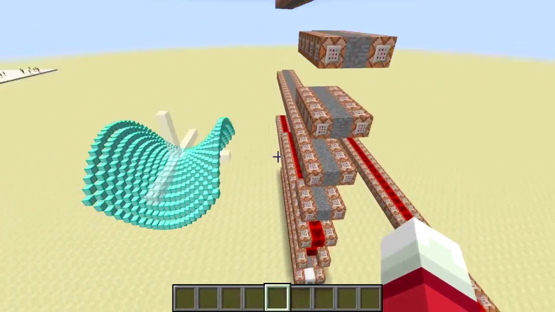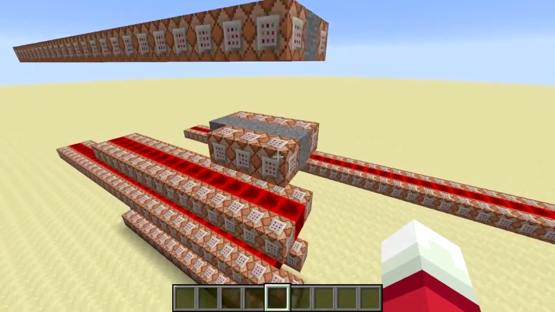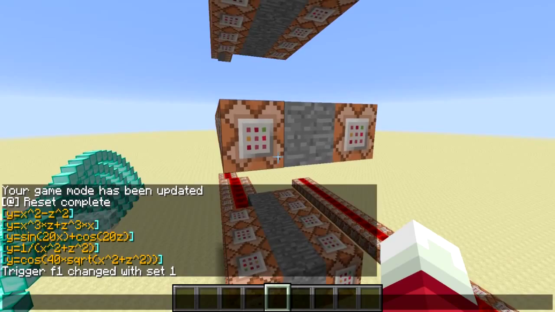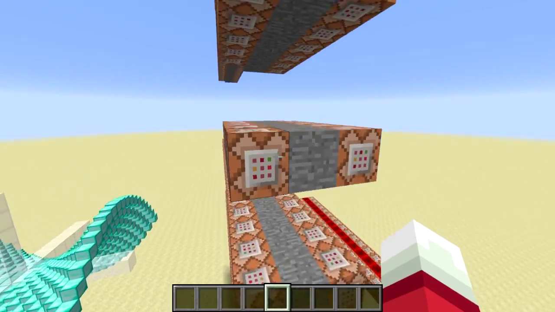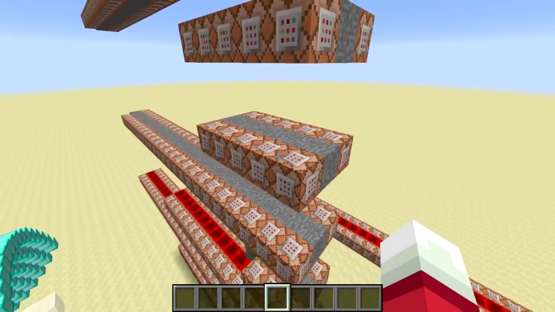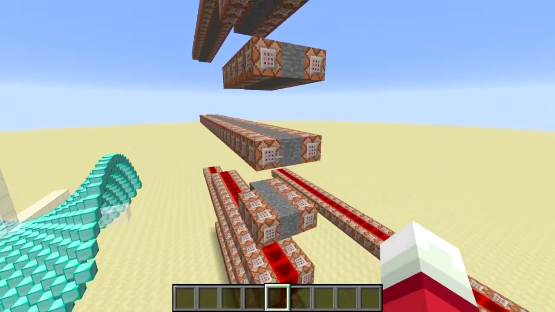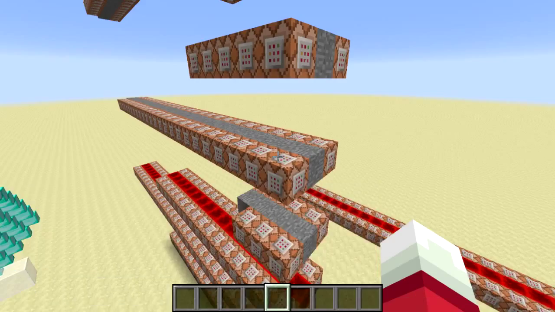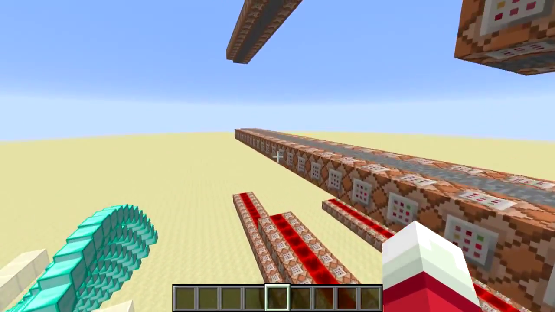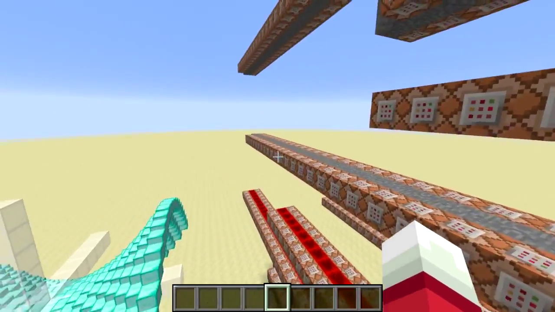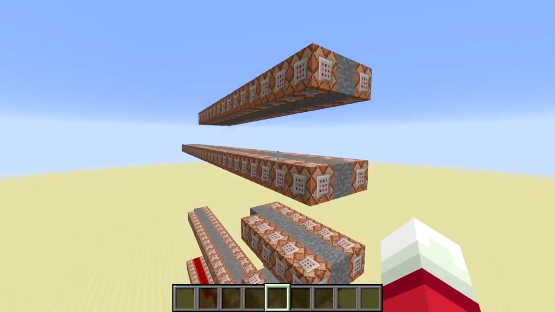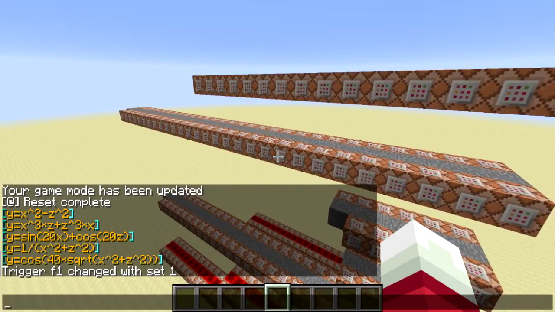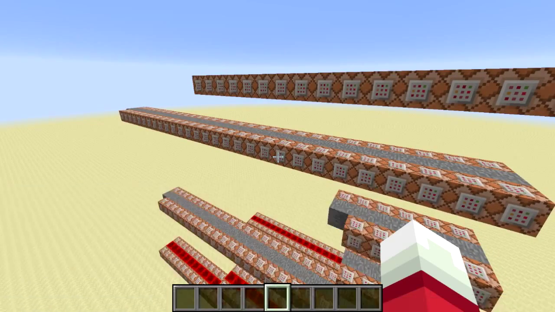Each of these is a function. This is the first function, which is x squared minus z squared. This is the second function, x cubed, whatever. This one, wait, actually I think they're out of order, but I think this one is actually, yeah, this one's sine 20x plus cosine 20z. And so I actually have an approximation of sine and cosine built into these command blocks. And then similarly for this one up here, this one is the cosine 40 times square root of x squared plus z squared.